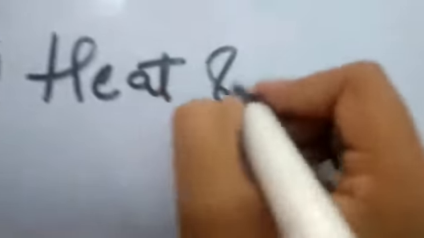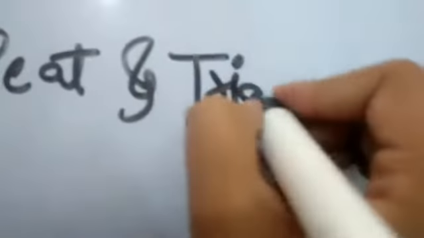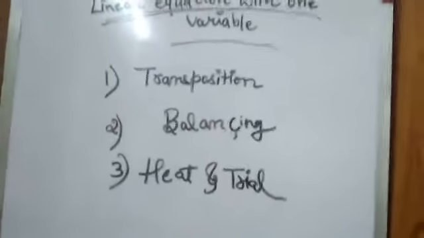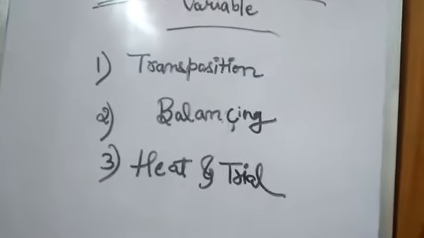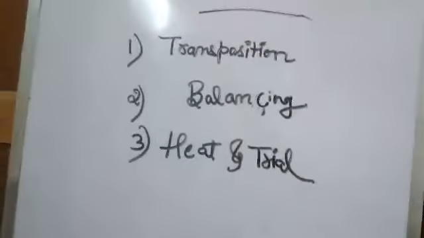Third is hit and trial, or we can say it as trial and error. These are the three methods to solve linear equations with one variable. I will explain you line by line. Okay, first, transposition method.